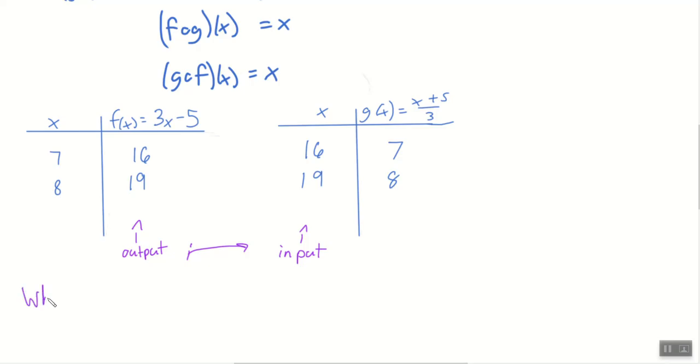So when a rule undoes another rule, we call it an inverse.